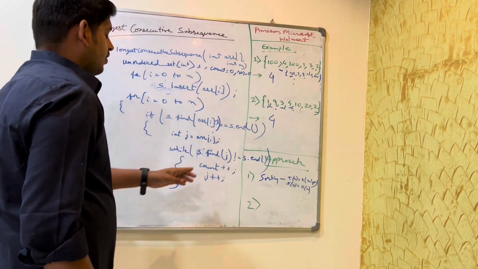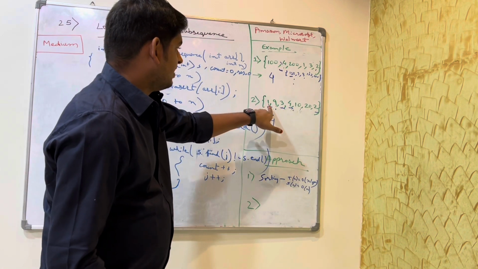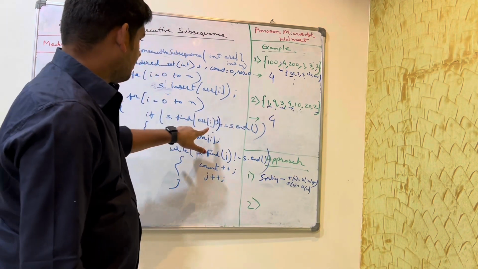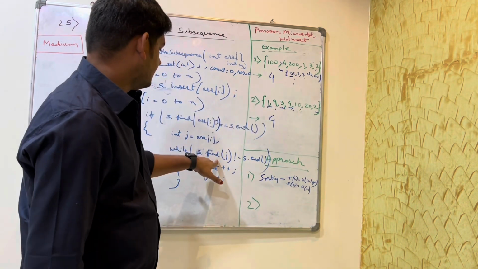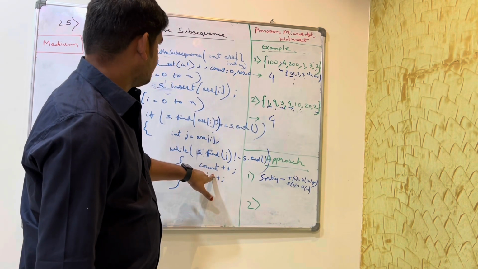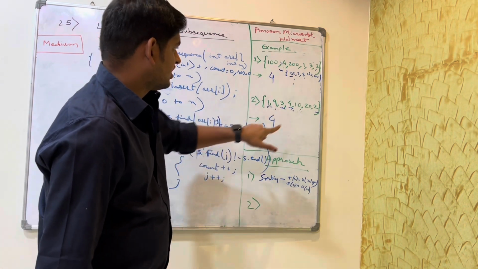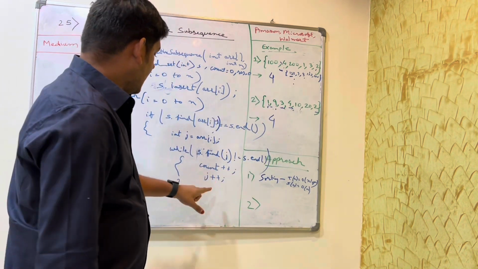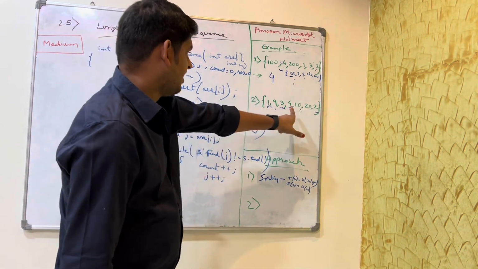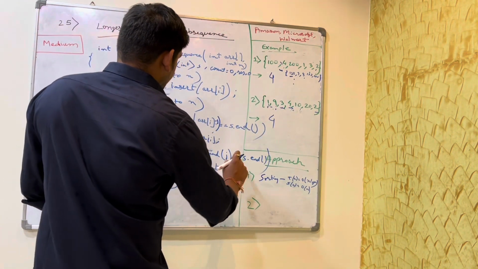So we keep on checking whether the next element is present. Say for 1, 1 minus 1, which is 0, is not present, so we go to 1, it is present, so count increases, then 2 is present, 3 is present, 4 is present, count's value would be 4, and when j becomes 5 and it is not present, the loop terminates.